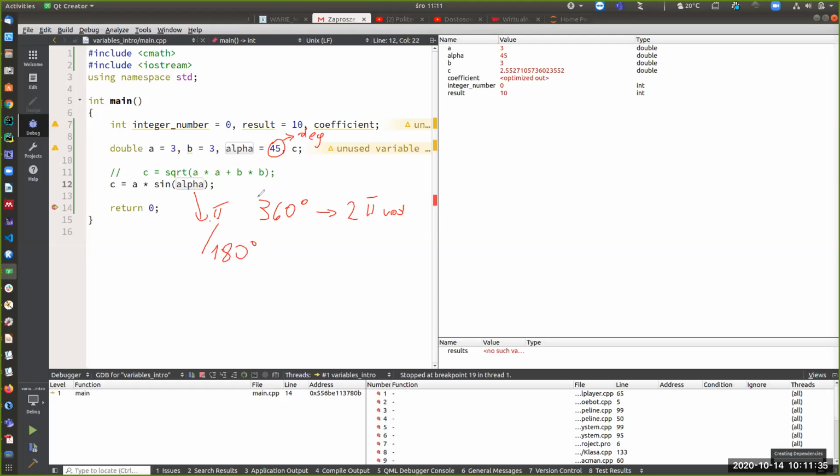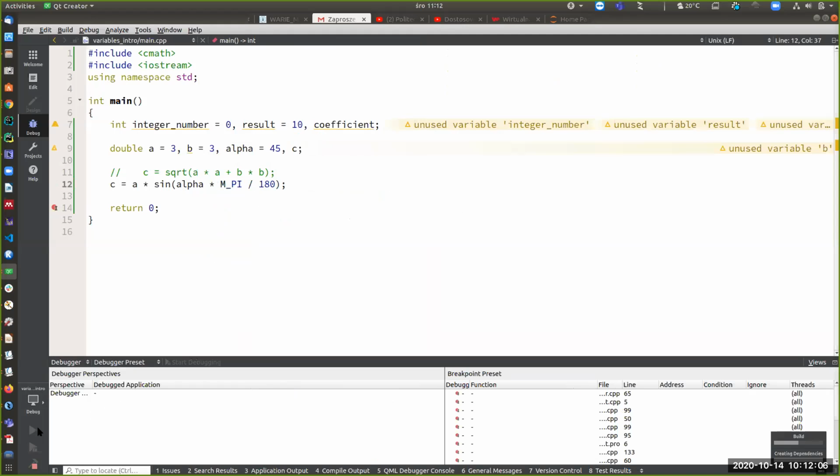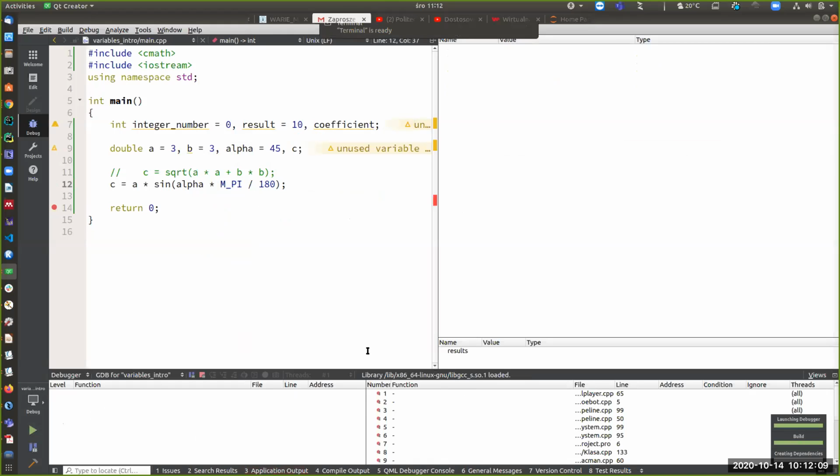There is no pi value by default, but in cmath there is something called M_PI, divided by 180. So now, when I try to calculate it again, it should work.